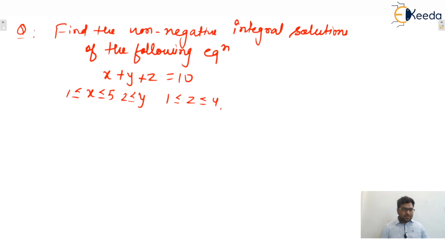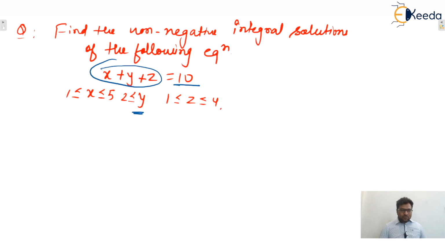So remember guys, by default you can see y value cannot exceed the value 10. Yes or no? Because the sum is equal to 10 and x, y, z all are positive. So whatever constraints are given to you, you can analyze that y cannot exceed the value 10.